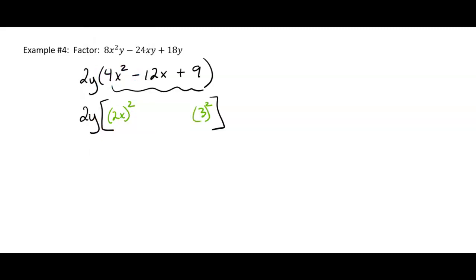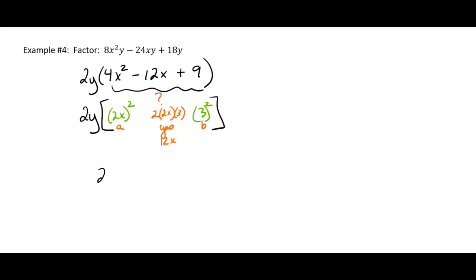And so then the question is, what about that middle term? It's got to be 2 times a times b. This is my b, this is my a. And if it is, and it is, so yes, that's 12x. And the fact that it's negative just means it's going to be subtraction in our final answer for the binomial.